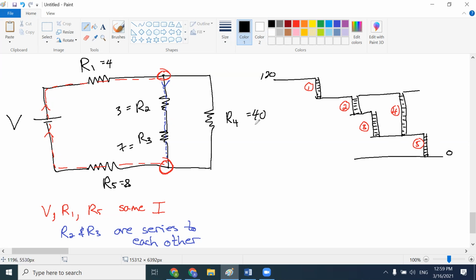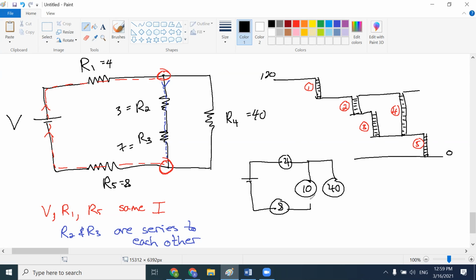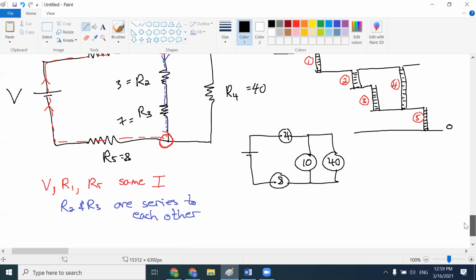So what I'm going to do right away is view this circuit as 4, 10, 40, and 8. I'm just going to combine 2 and 3. Why not? And now it looks an awful lot like the ones you were doing earlier.